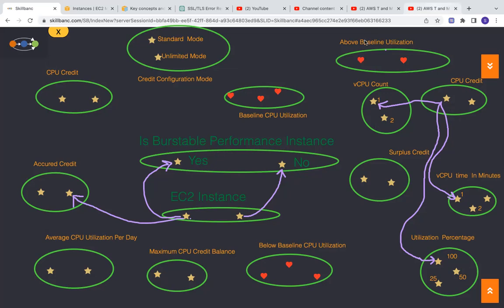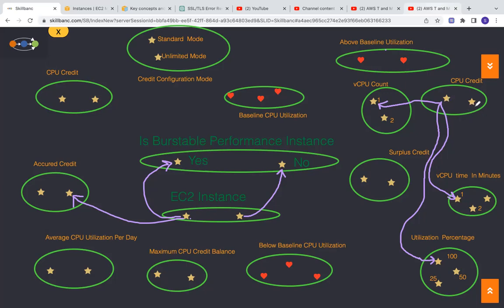So let us say you have one CPU, one virtual CPU, vCPU, for 1 minute, at 100% utilization, then it is considered as one CPU credit.